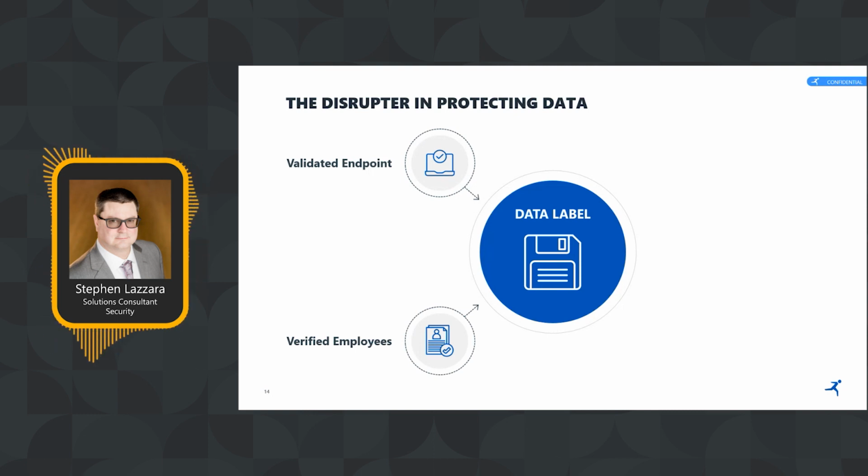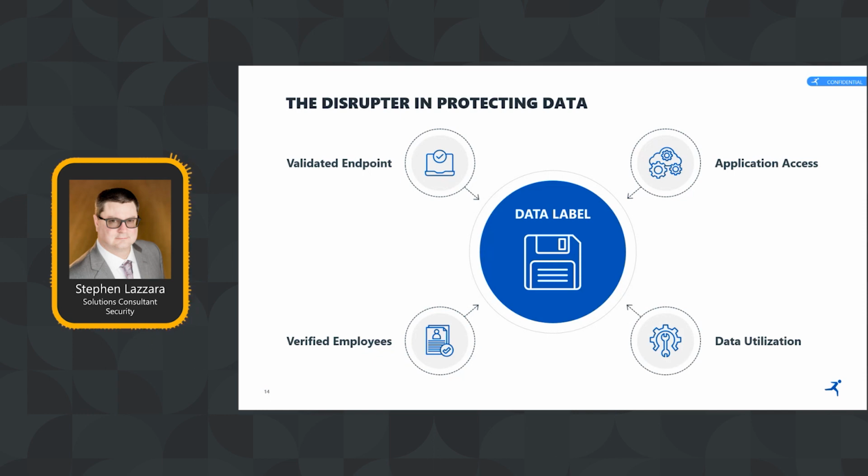You're doing basically zero trust, verifying the employee, the person that's coming in, and verifying that endpoint. And then you are also verifying that the applications have access and are allowed to do what they're trying to do, to prevent applications, that third-party corruption we talked about, from getting to your environment, as well as how that data is used.